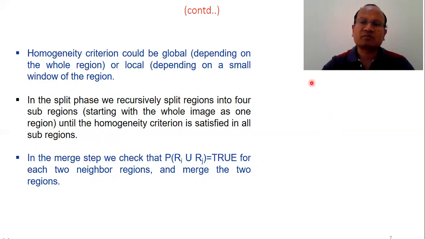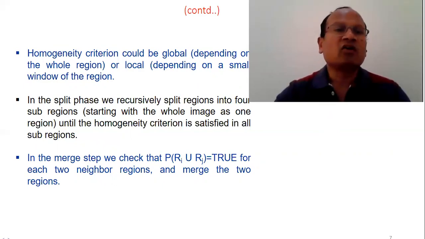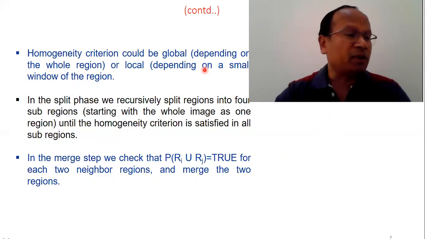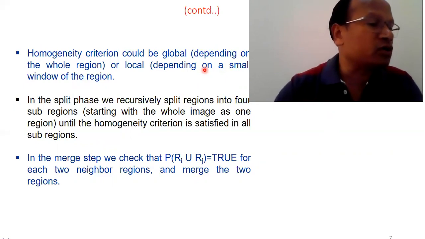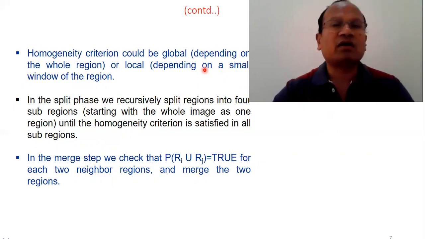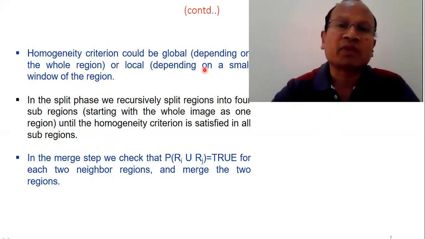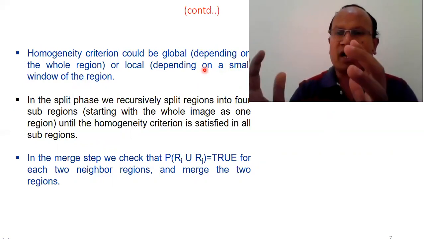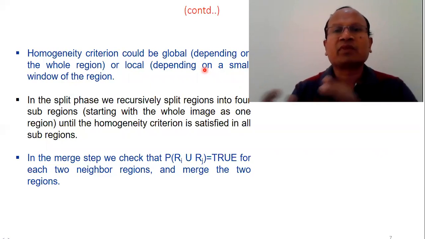Homogeneity criterion, let me expand this. The homogeneity criterion could be global, depending on the whole region, or local, depending on a small window of the region. The criterion can be global, which is applicable to the entire image, and it can be local also, for a small window chosen out of the image.